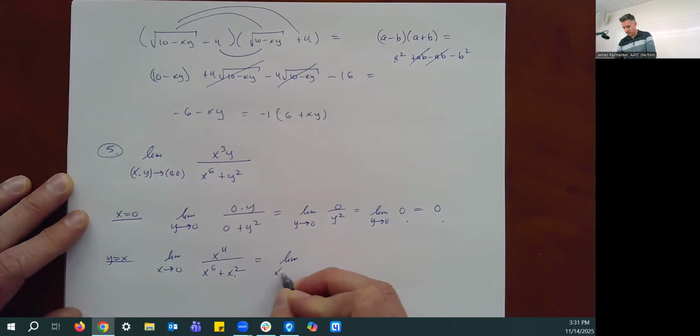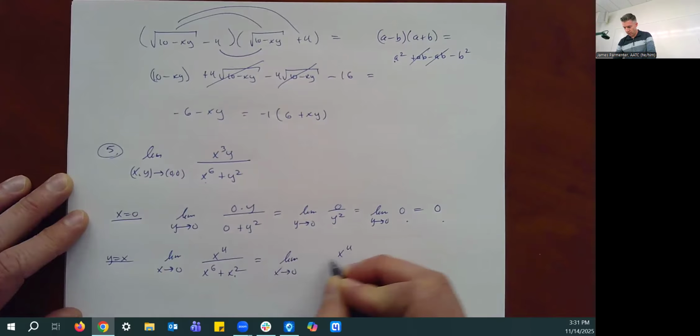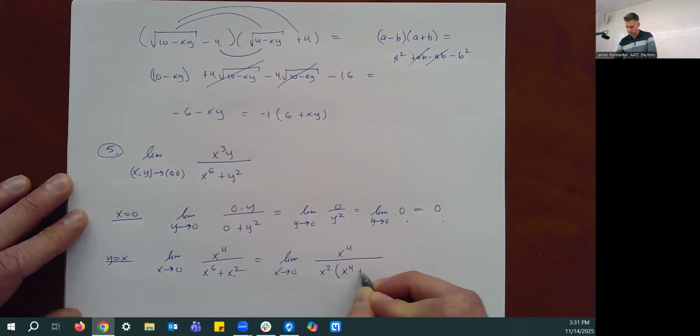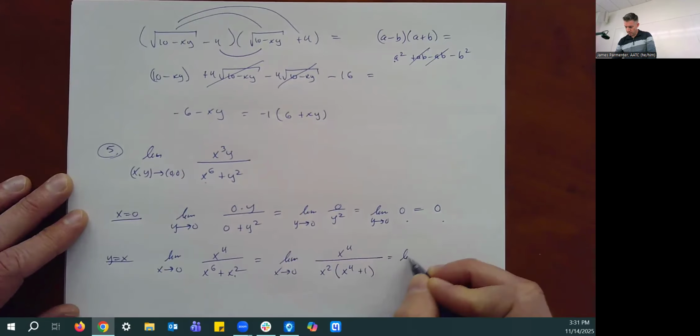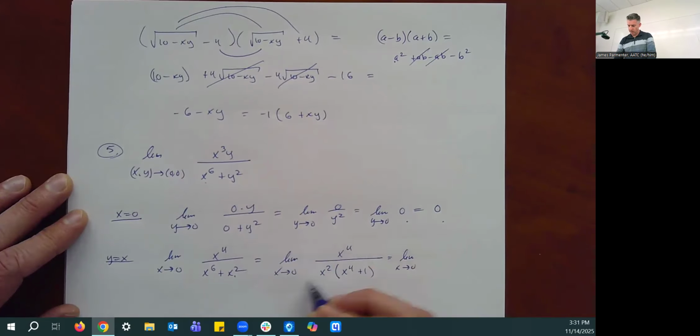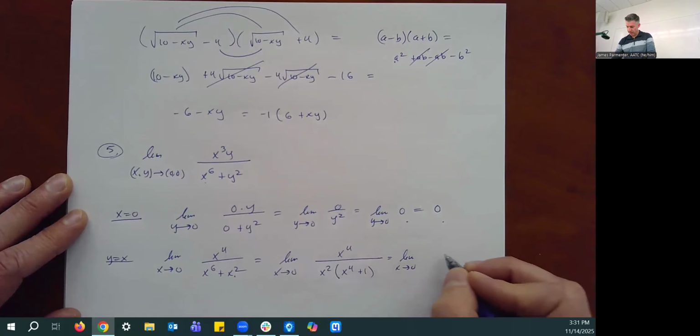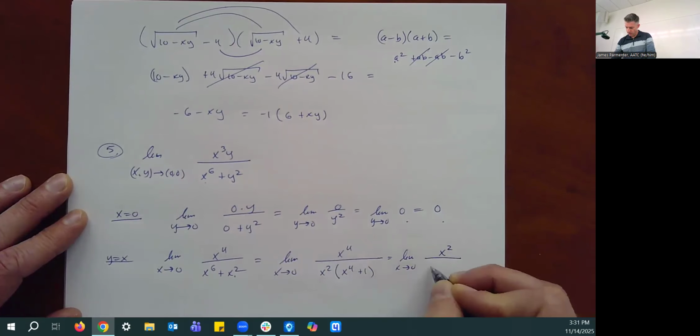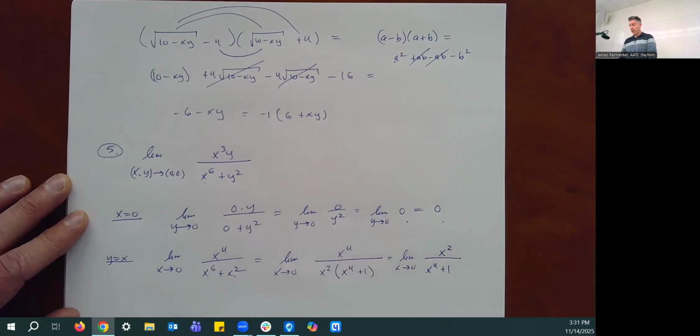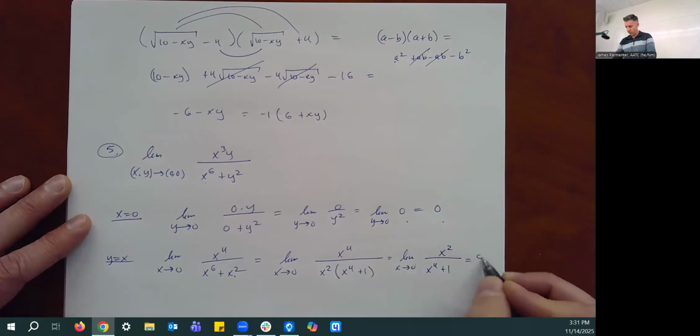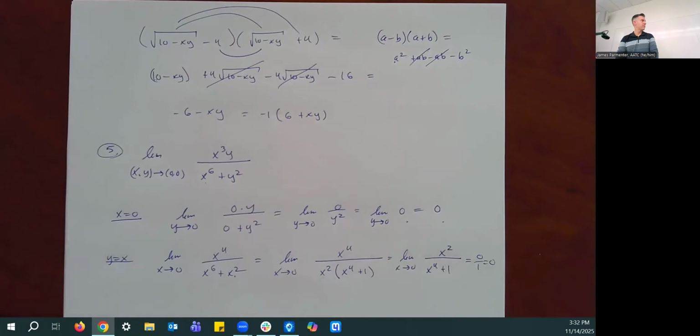I have the limit as x goes to 0 of x to the fourth over x squared times x to the fourth plus 1. The x squared cancels and gives me an x squared on top over x to the fourth plus 1 on the bottom. And bad news, I get 0 over 1, which is 0. I need a different path.